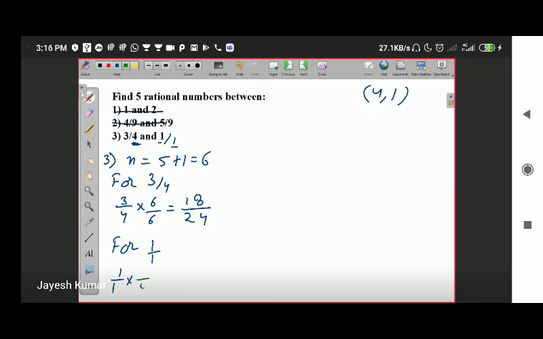How do we do that? We multiply numerator and denominator by 4. This way we get 4 upon 4. Essentially, that is 1, nothing less. After we have made the denominator the same, we again multiply numerator and denominator by 6. So this will be 6 fours are 24 and 6 fours are 24.